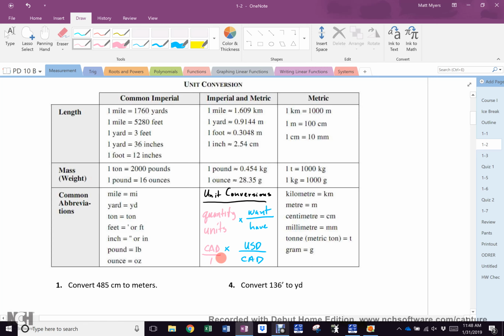But you will also notice that I have CAD and I have CAD, one in the numerator and one in the denominator. If I have the same thing in the numerator and the denominator of a fraction, what can I do to it? I can get rid of it. And what will be left? Whatever my Canadian dollar value is will multiply by whatever my US dollar value is. Does everybody see how this works?